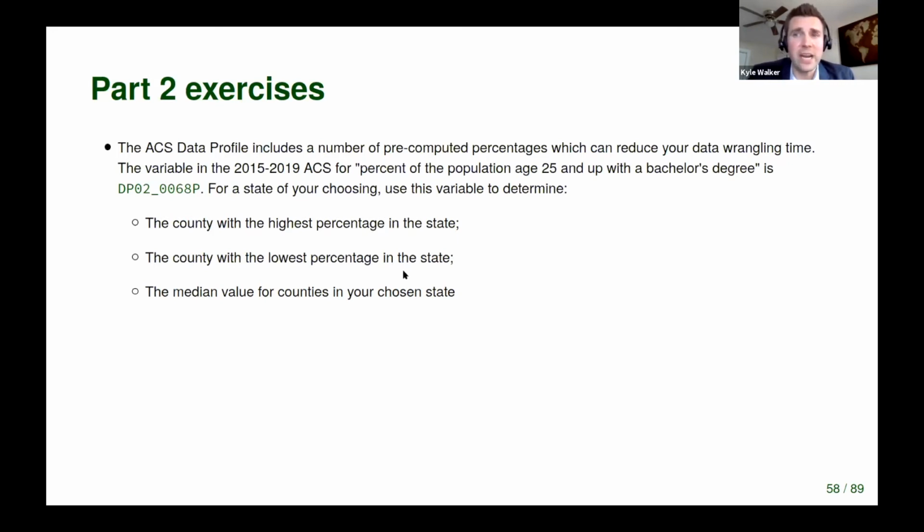And so if you're not careful with this, for example, DP02_0068P in the 2015 to 2019 data profile is percent of the population age 25 and up with a bachelor's degree. In the previous 5 year ACS, it was 67, not 68. And so if you had tried to combine, you'd be working with different information. And so there are ways, and I've seen multiple people even come up with their own functions for doing multi-year ACS analyses. Just exercise caution and double check that your variables align.